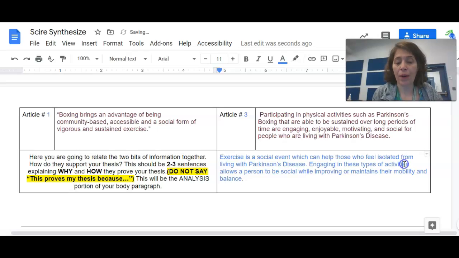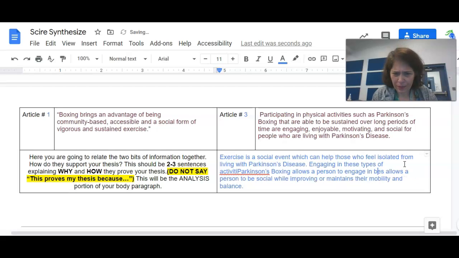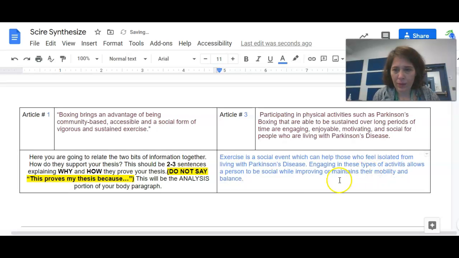Specifically, I'm going to talk about the boxing. So Parkinson's boxing allows a person to engage in both social, whoops, I don't know why that went up here. Sometimes that happens.